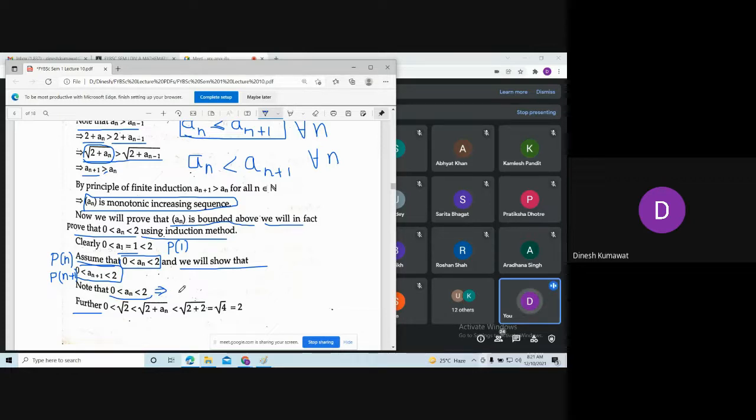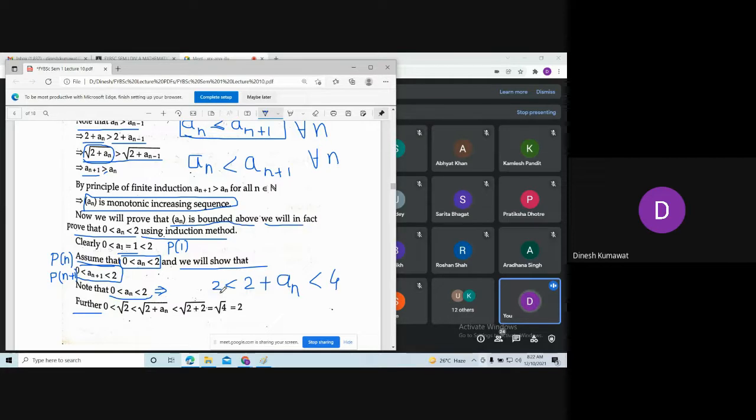Are you getting it or not? Tell me what happens if I add 2 throughout this inequality? We get 2 is less than 2 plus an is less than 4.